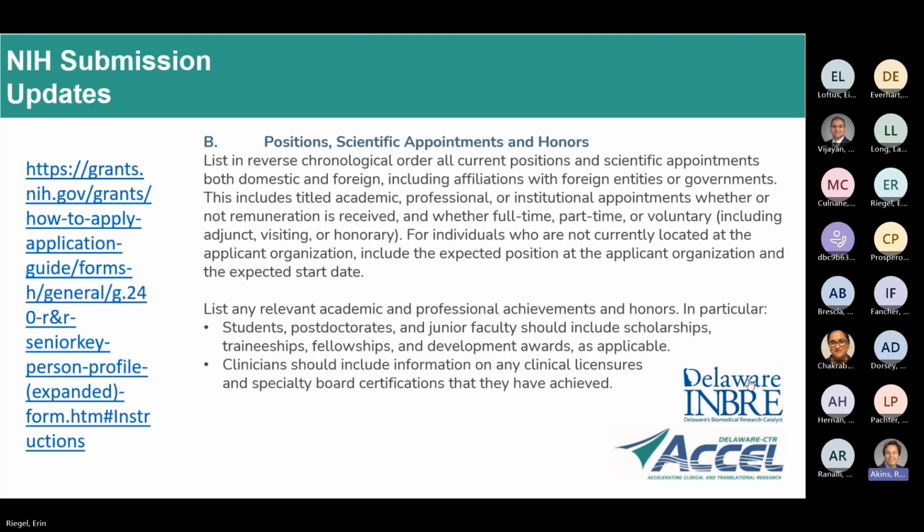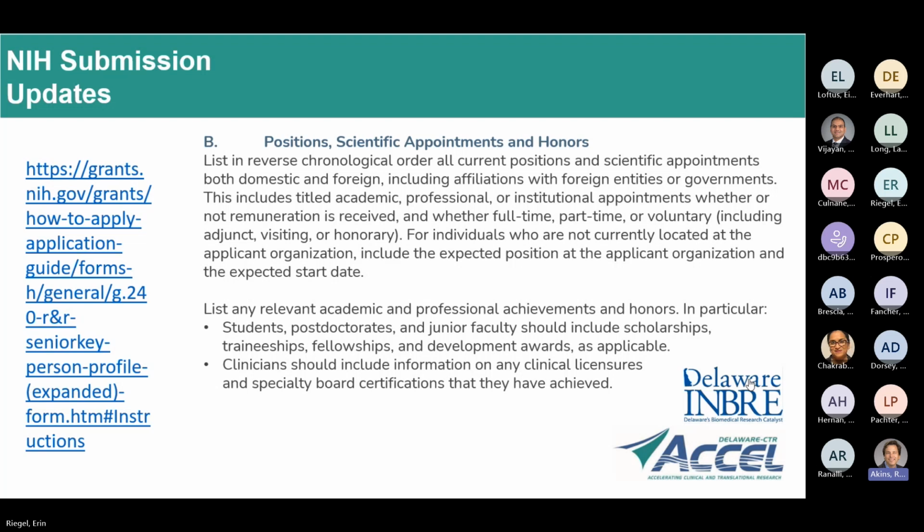Then the second part is any relevant academic or professional achievements and honors. This is a much broader category. But again, think about the proposal that the biosketch is going with, and the fact that you have 5 pages total. You don't want to waste space, but any relevant honors or professional achievements you can include. In particular, if you're a student, a postdoc, or brand new faculty, they want you to.